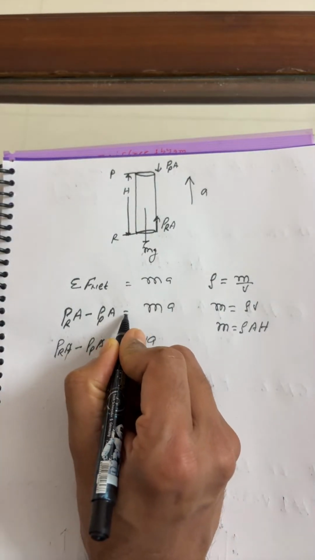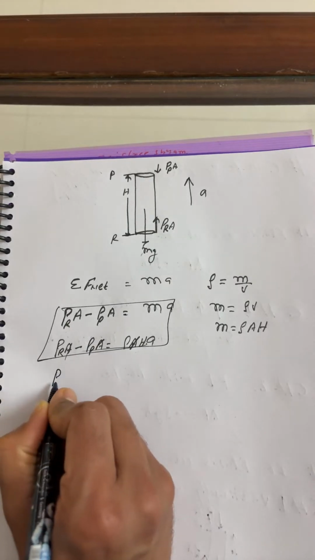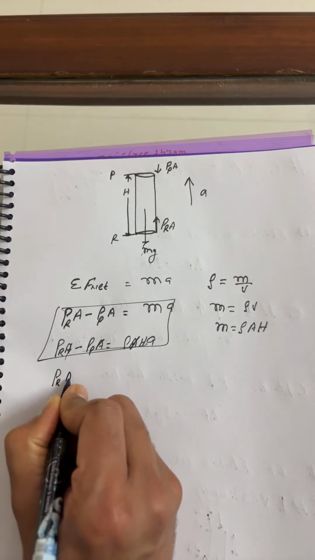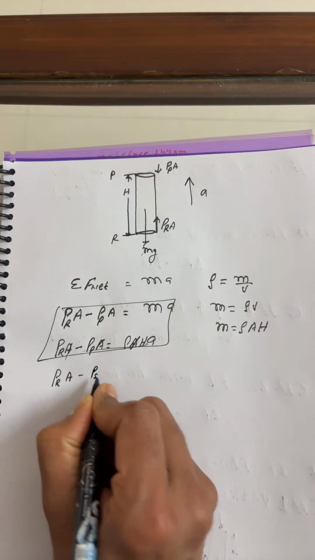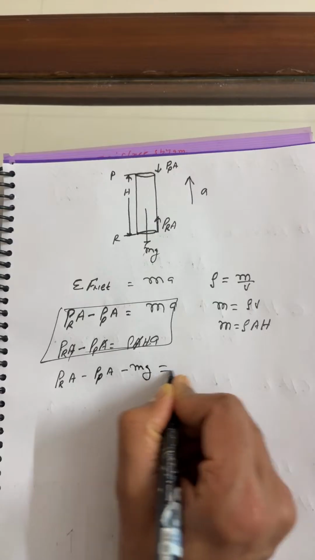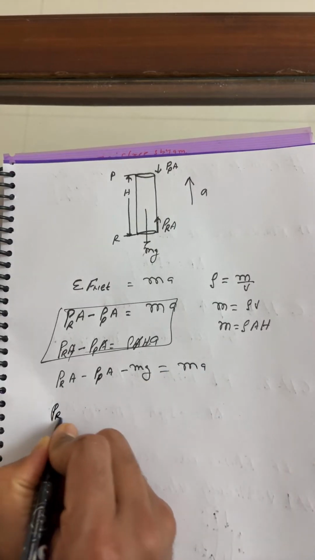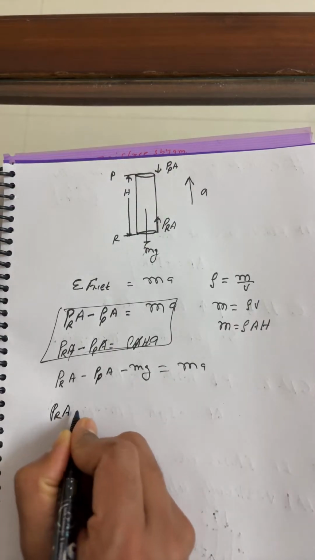So I'll rewrite again: pressure at R into A minus pressure at point P into A minus mg is equal to m into a. This is what was missing. So already I said everything, so I'll use the direct result.